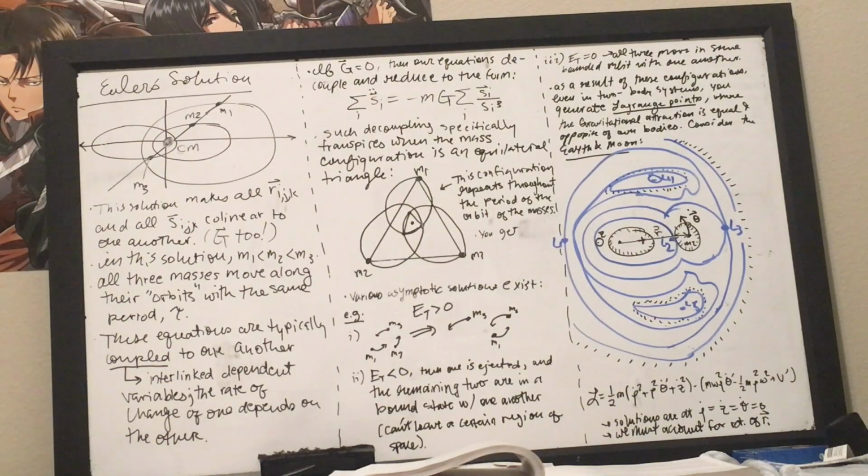One specific solution that was, of course, found by none other than Euler was to place essentially all of our position and all of our relative position vectors, relative displacement vectors, along some sort of collinear line, and then have all of our objects move in these elliptical orbits with the same period, tau, right? Moreover, the g vector is also collinear in this particular position.